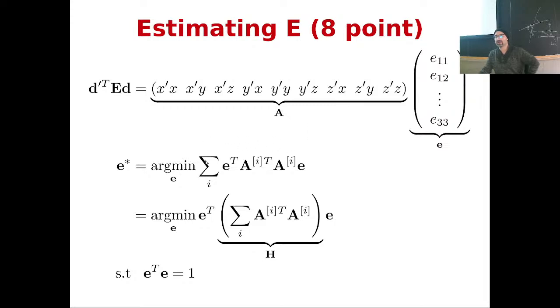So, what could we do in order to find an essential matrix that has some sense? We could impose a constraint. Which constraint? Remember another thing, that this expression over here, d transpose E d, is valid if it's equal to 0. It's valid for any E up to a scale, right? Because if this expression were equal to 0, if I multiply it by 2, I get once again 0.